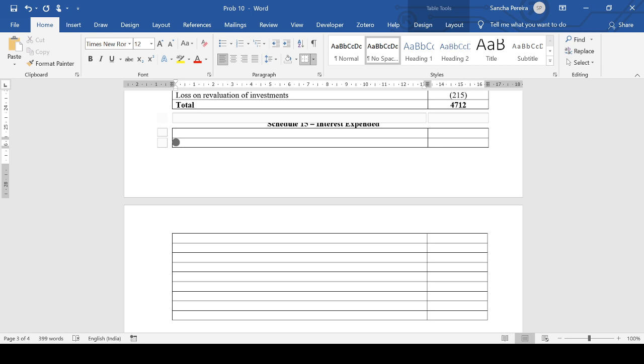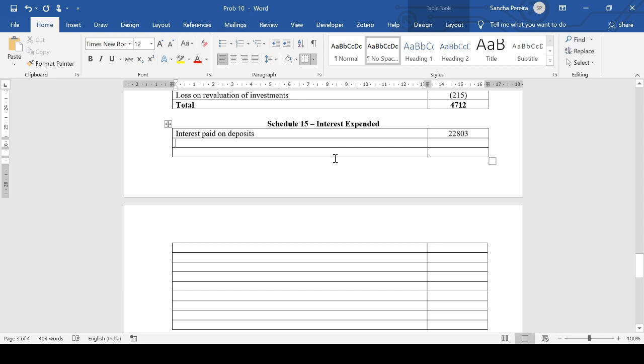Interest paid on deposits, which is 22803, and we also have interest on RBI borrowings, which is 445. So the total here is 23248.